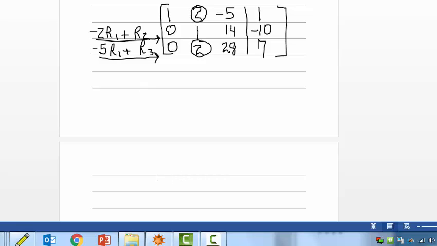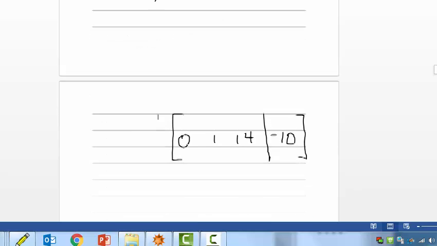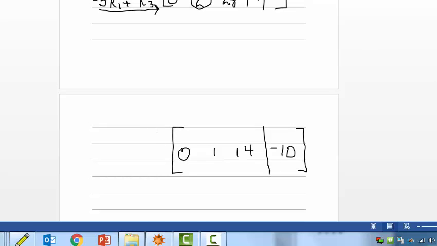Row 2 is my anchor row. That's the row that's not going to change. So I'm going to copy row 2 from the previous matrix, and now I'm going to work on getting my zeros in column 2, row 1, and row 3.